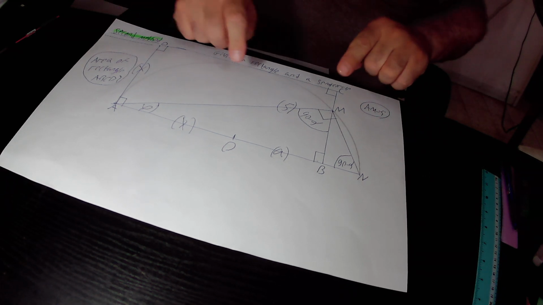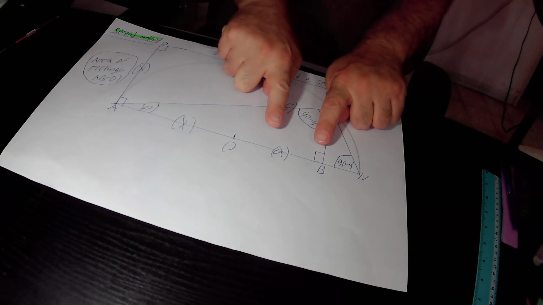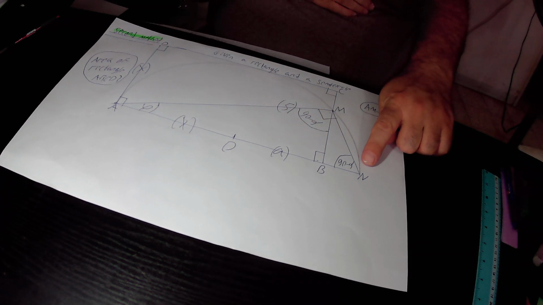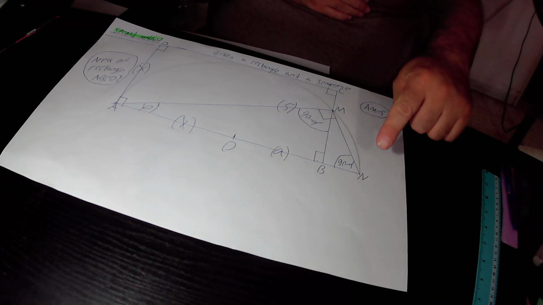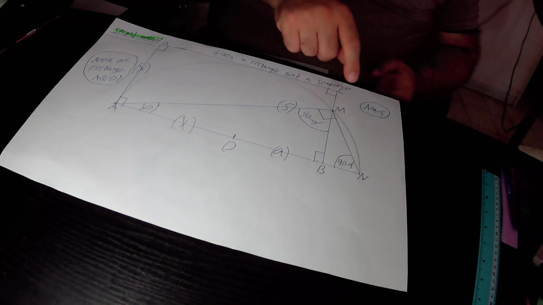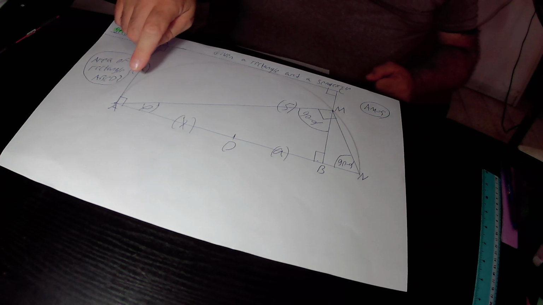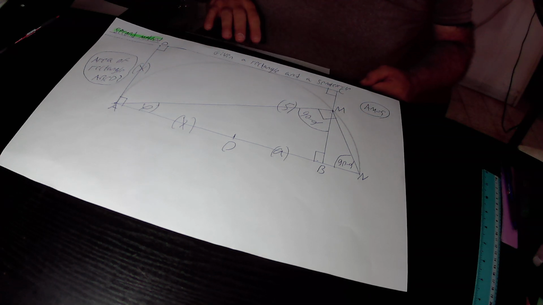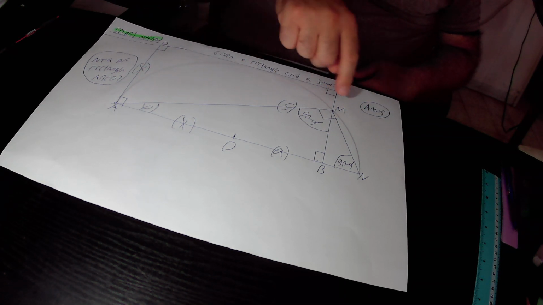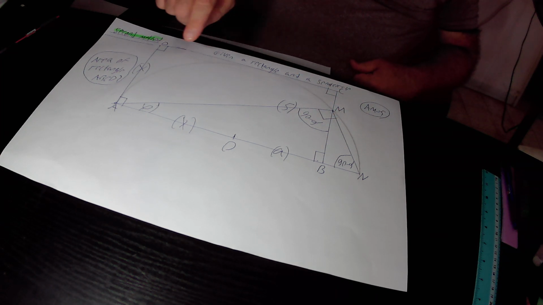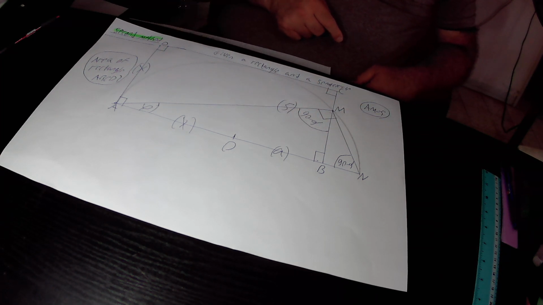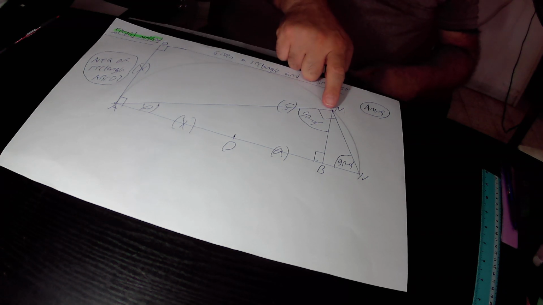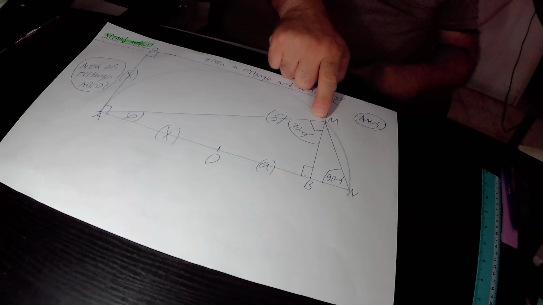In the next step we defined line segment OB as A. We define this point as N. In the next step we join points M and N together by a straight line. By joining points M and N we get a peripheral angle AMN. Because peripheral angle AMN subtends AN, that is the diameter of the semicircle, peripheral angle AMN must be equal to 90 degrees according to rule 7.